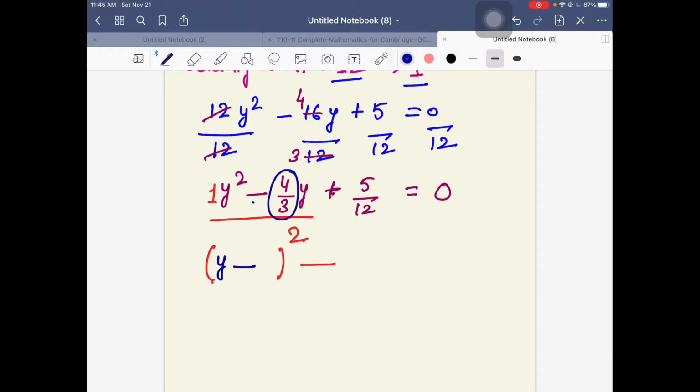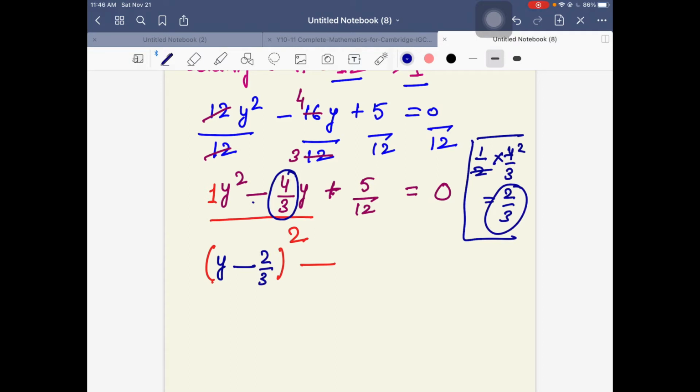Then half the coefficient of y, which is 4 by 3. Half of 4 by 3 is 2 by 3, so I write 2 by 3. Always take half the coefficient of y.